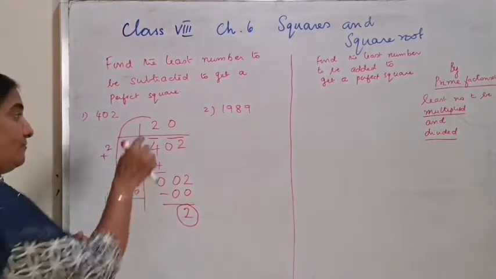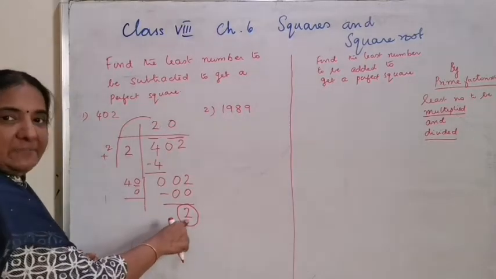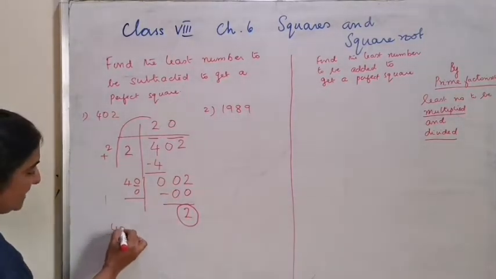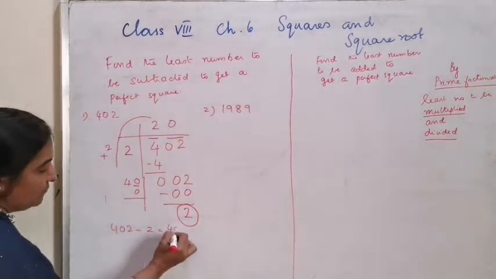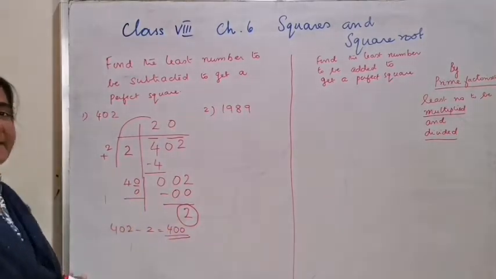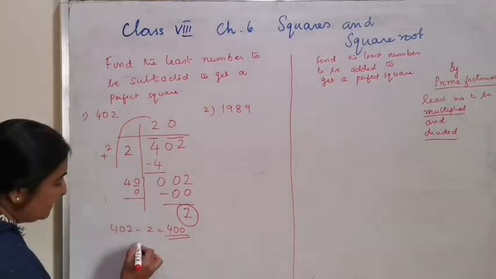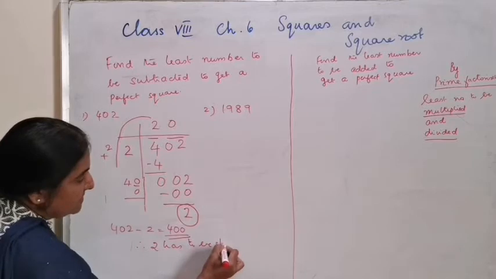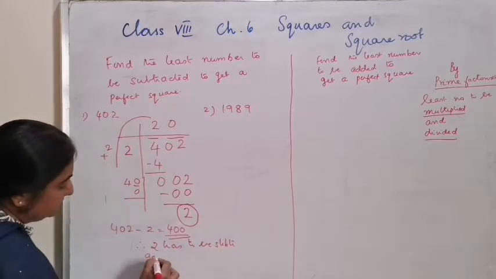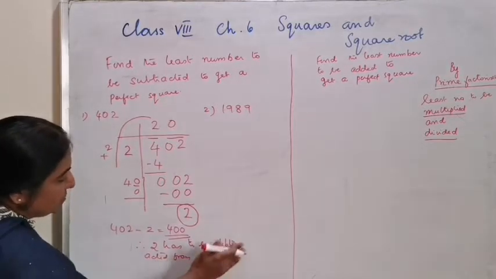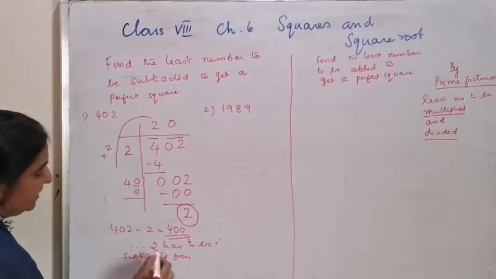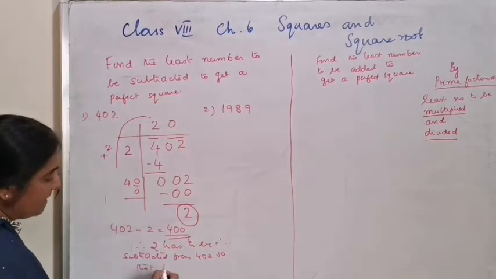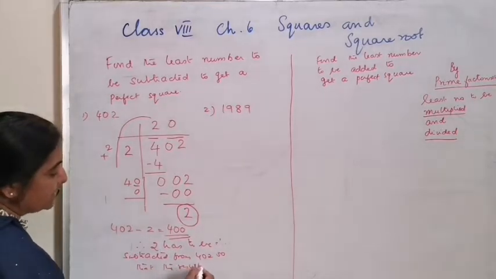That means 402 has to be subtracted by this remaining number here. 402 minus 2 is equal to 400, and 400 is a perfect square number. So you can write, therefore 2 has to be subtracted from 402 so that the resulting number is a perfect square.